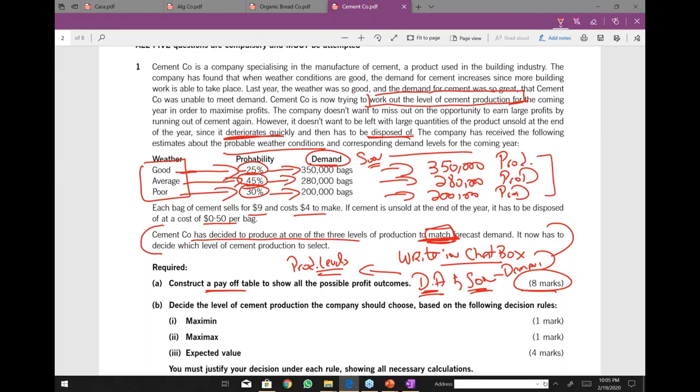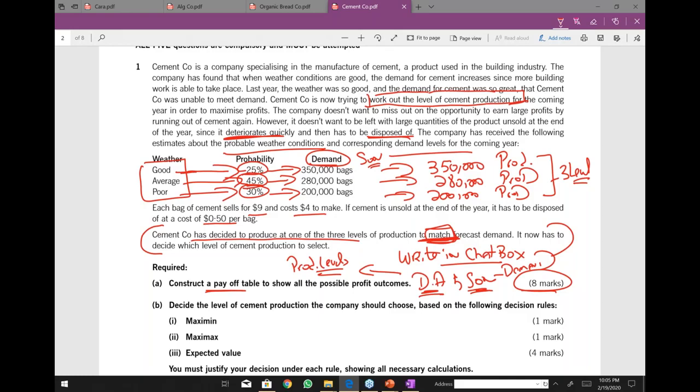So there are three production levels if you want to match the production levels with the demand. If there are three levels of demand, there will be three levels of production as well. Common sense.